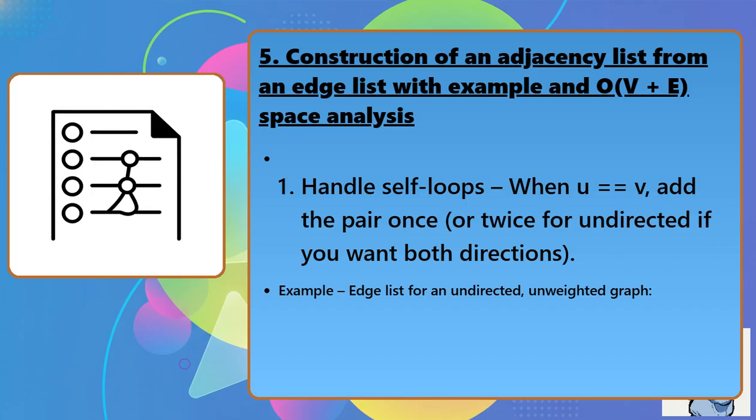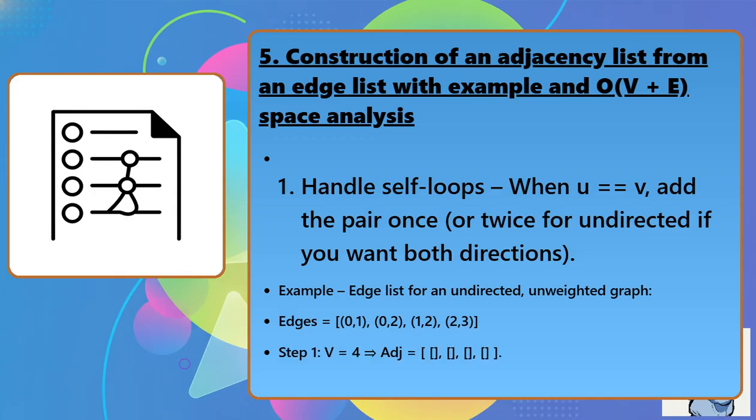Example: edge list for an undirected, unweighted graph. Edges = [(0,1), (0,2), (1,2), (2,3)].